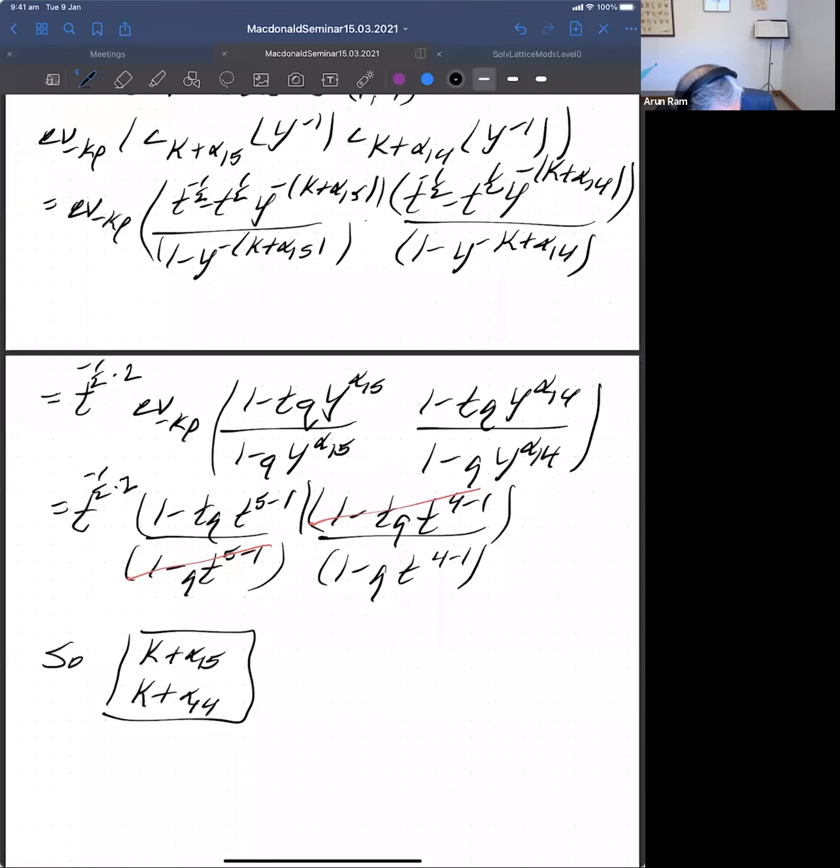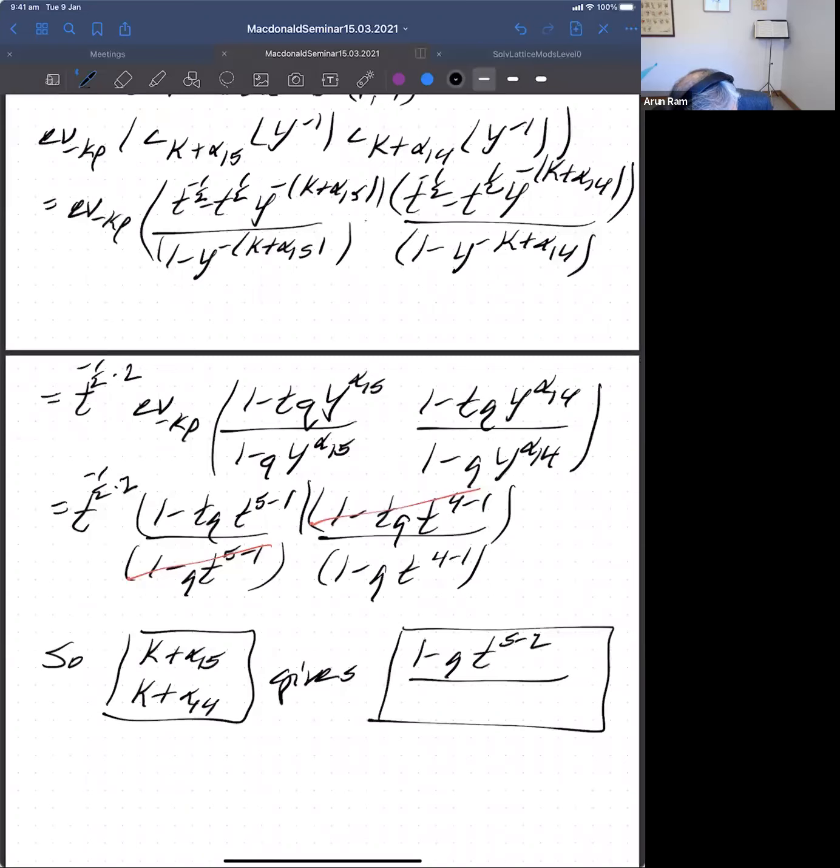And that gives me a box that has one rational function in it, which is 1 minus qt to the 5 minus 2 divided by 1 minus qt to the 4 minus 1. So the point is that each box, ignoring at the moment this original initial factor, gives one factor of this form.